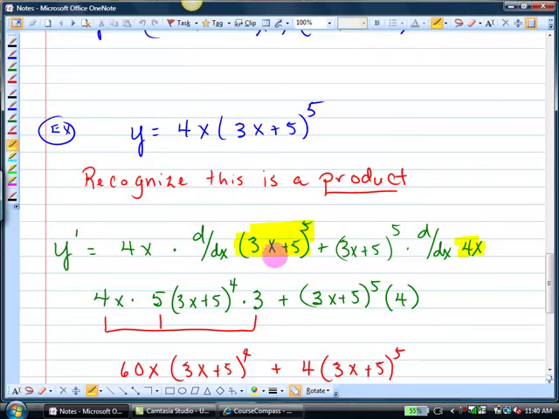So the derivative of this thing, 3x plus 5, is 3. And then 3x plus 5 to the 5th times the derivative of 4x, which is 4. So in this step, all I did was take the derivatives of the yellow pieces. That went there and there.